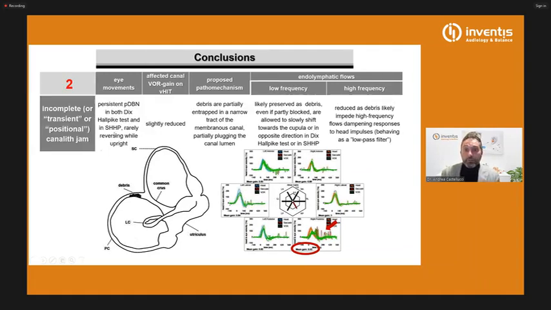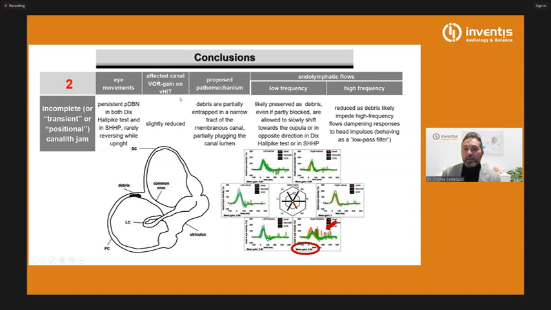In case of incomplete, or we can say positional or transient, canal jam, we usually have a persistent positional downbeating nystagmus in both Dix-Hallpike test and in the straight head position, rarely reversing. The debris are partially entrapped in an outer tract of the membranous canal, usually in the portion of the posterior canal close to the common crus, or in some stenosis of the anterior canal.